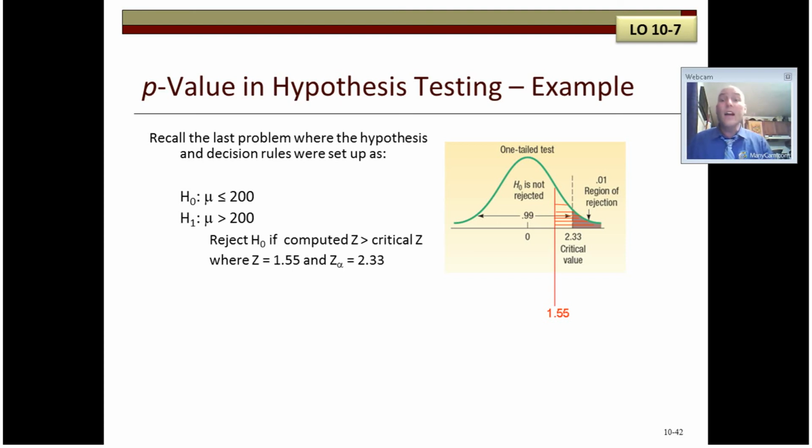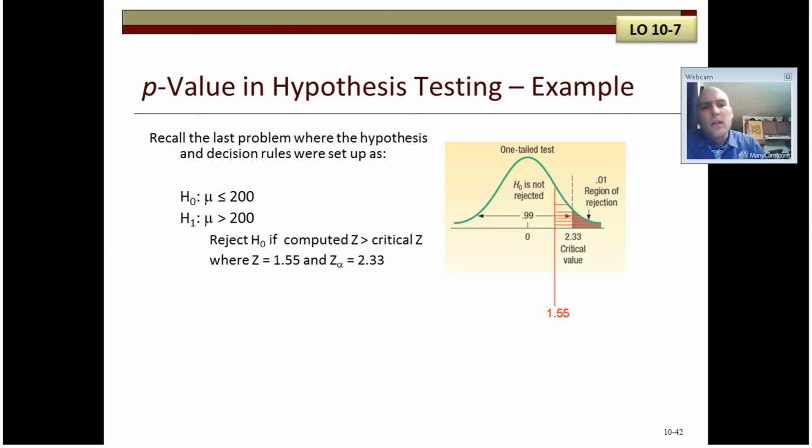Here's why. If we go back to that second example where we had a directional hypothesis for the Model A325 desks, we failed to reject the null because our test statistic 1.55 was not in the region of rejection.